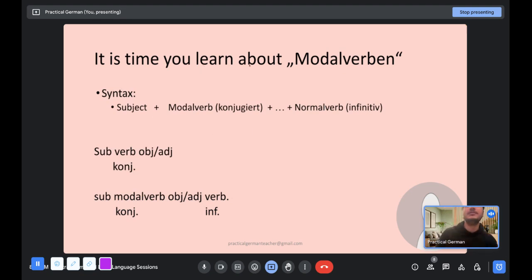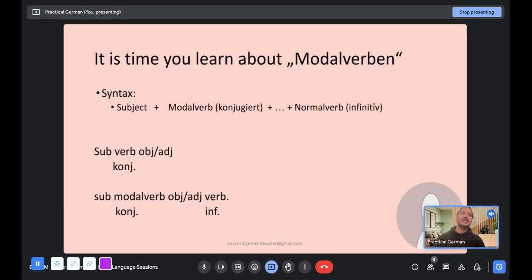Before I give you this syntax: in a normal sentence, you have a subject, then a verb, and then you may or may not have an object. Normally you have subject, verb, and so on. When you have a modal verb as well, you will have two verbs in the sentence. The verb we had before, we call the normal verb.